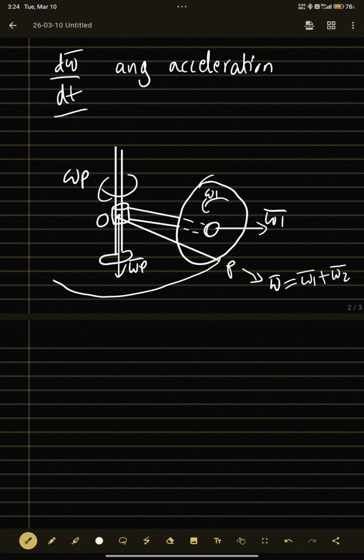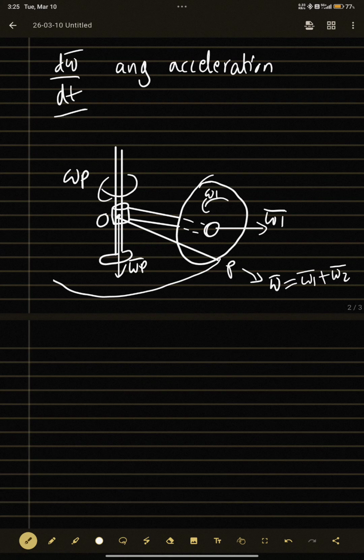So it is like you have an inverted cone which is the space cone, and then you have another cone which is rolling on the surface of the inverted cone. Are you able to get this? ऐसा कंसीडर कर सकते हैं क्या, ओमेगा 1 की वजह से जो कोण बन रहा है वो बॉडी कोण, और ओमेगा p के वजह से स्पेस कोण?